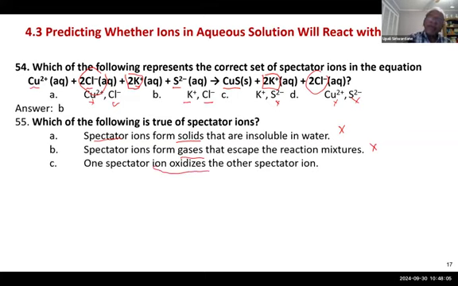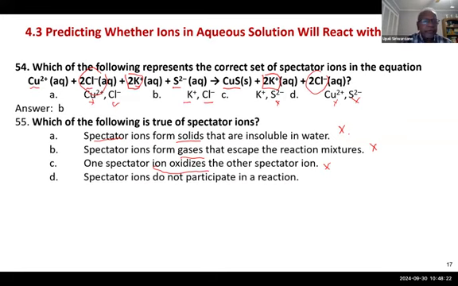Spectator ions are in precipitation reactions, which are not redox reactions. Oxidize means loss of electrons, and that's not true. Precipitation reactions do not involve electron transfer. Spectator ions do not participate. That's the meaning of spectator. That's the correct answer.